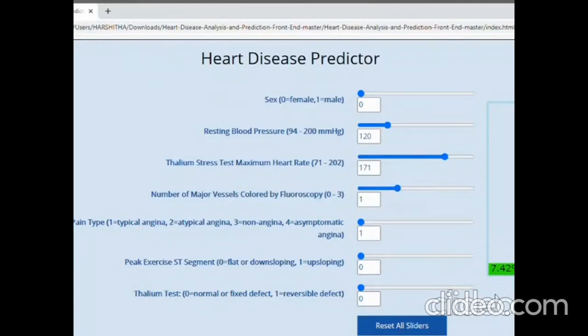So in this slide we see 70.42%. It says it has less chances of heart disease.